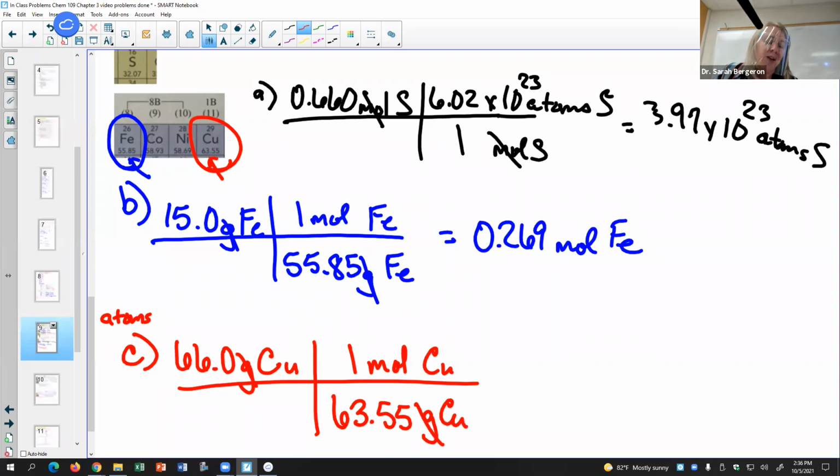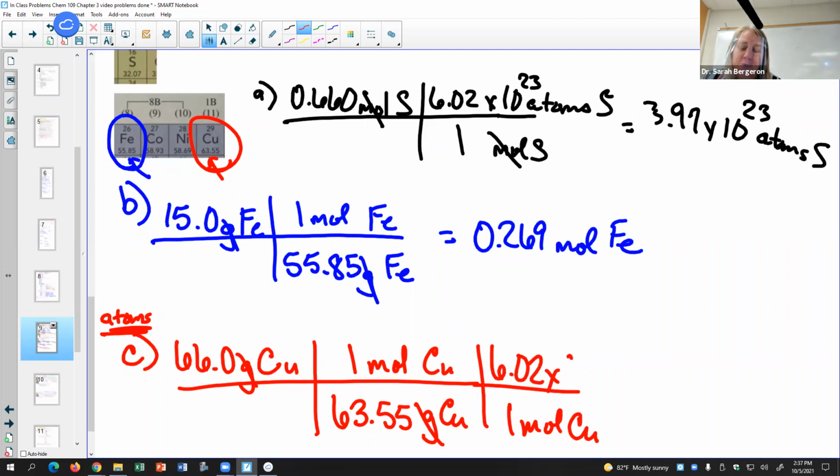So my grams cancel, I'm left with moles, but I want to get to atoms. So I need to do another conversion. Now I'm going to say in 1 mole of copper, I have 6.022 times 10 to the 23rd atoms of copper. So what do you get?